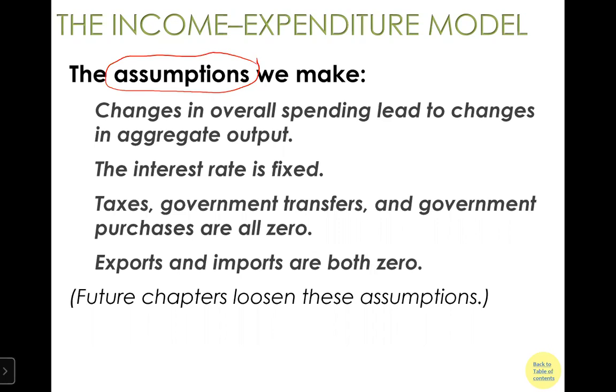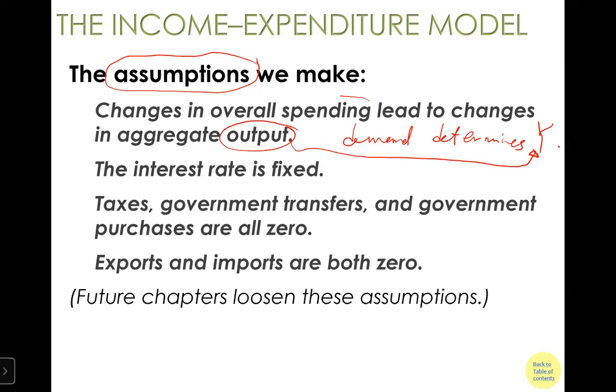Number one, change in overall spending leads to change in aggregate output. This essentially says demand determines output, or Y, because changes in aggregate output, which is Y, are caused by spending.